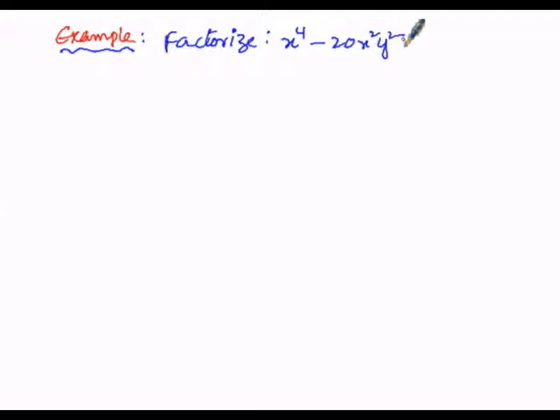Example: factorize x to the power of 4 minus 20 x square y square plus 64 y to the power of 4.